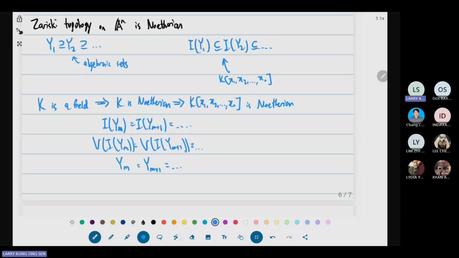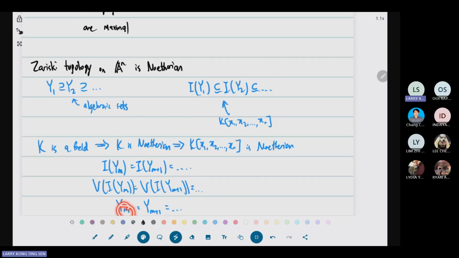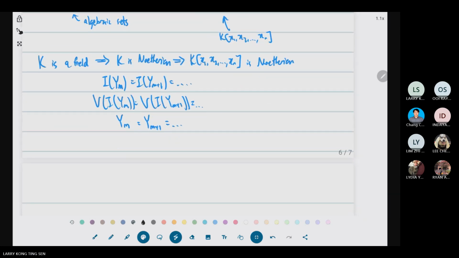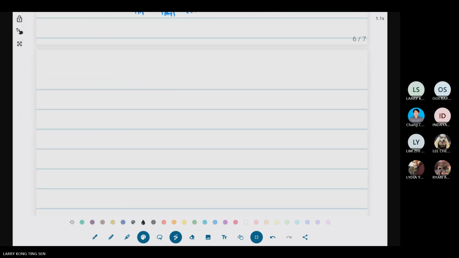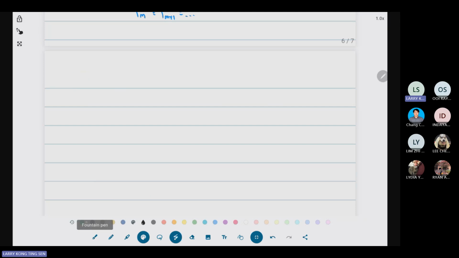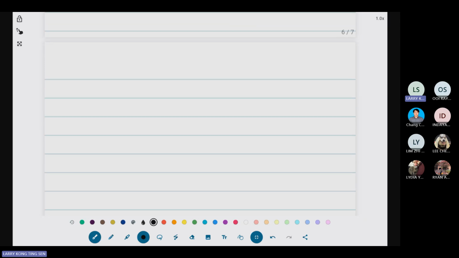This same m is precisely what we need to show that this topology on A^n is Noetherian. So now we have a good notion to introduce the concept of dimension.